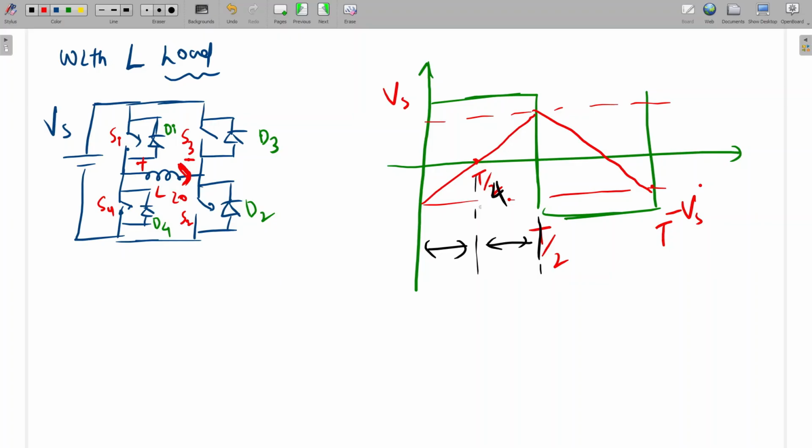If the current were positive, S1 and S2 would conduct, but since it is negative, D1 and D2 conduct. From here to here, the current is positive, so S1, S2 will conduct.